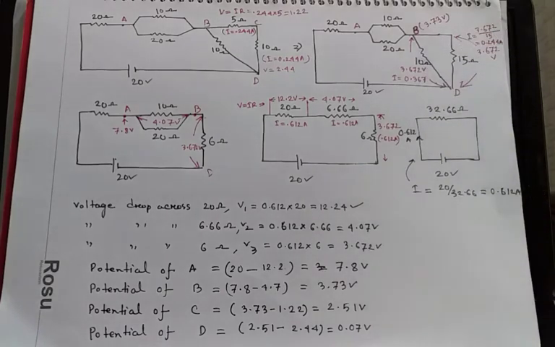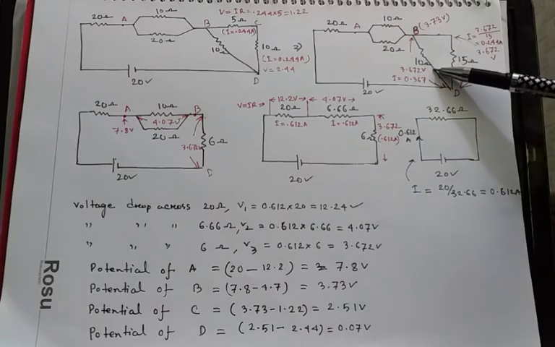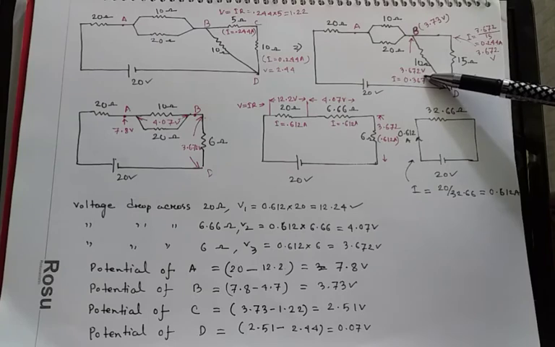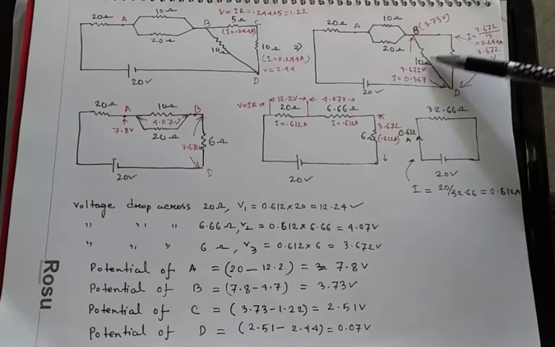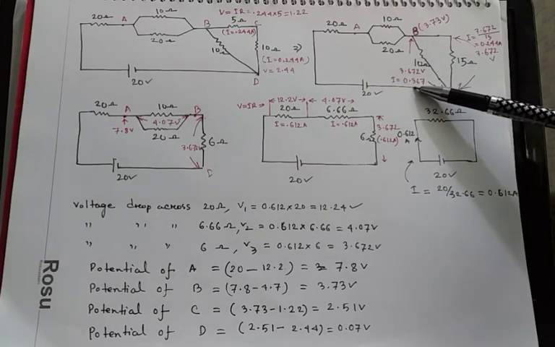If we want to find the branch currents of these two branches, we apply Ohm's law: I equals V by R. Here V is 3.672 volt and R is 10 ohm, so the current for this branch will be 0.367 amps.